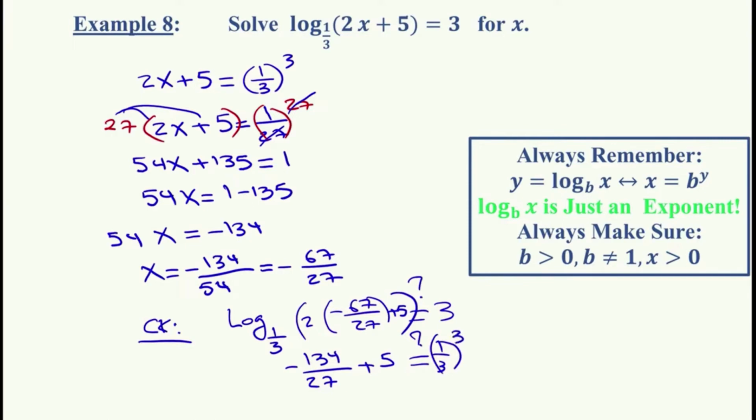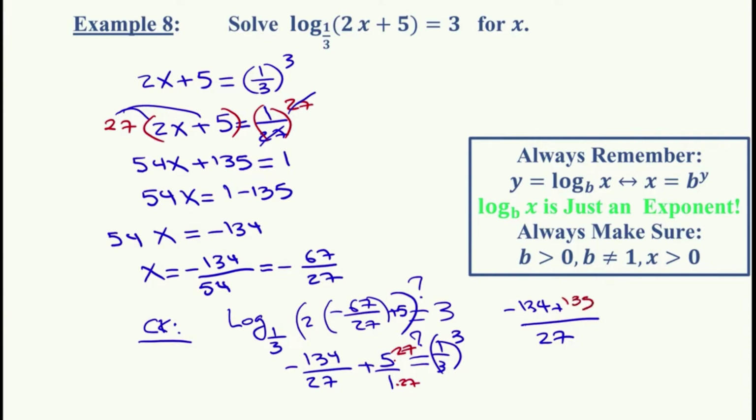So we need to combine these two fractions, so the denominator is 27. So negative 134 plus, now in this other fraction, we have to multiply top and bottom by 27. And we get 5 times 27, which again we know is 135.